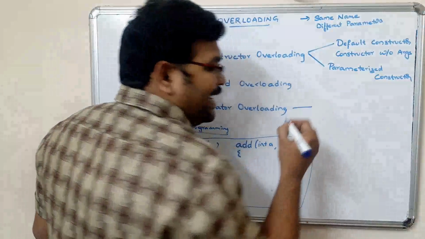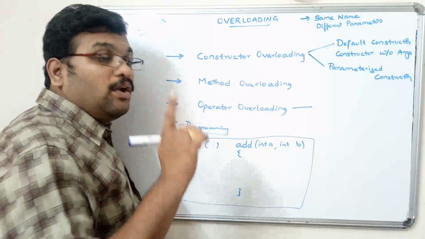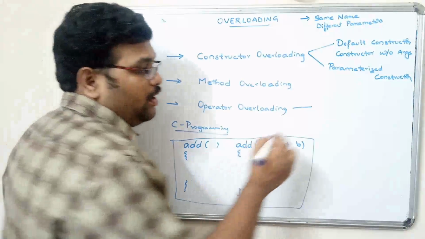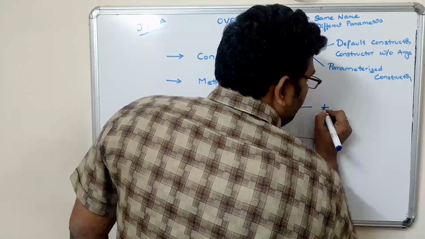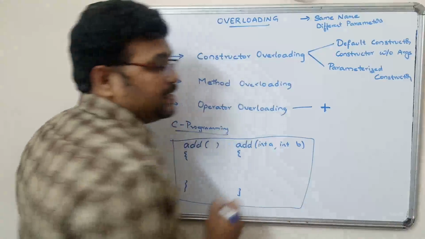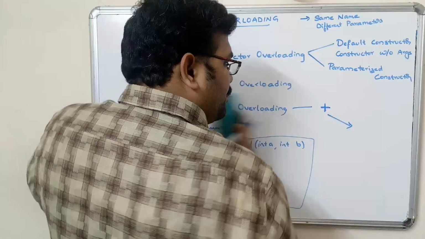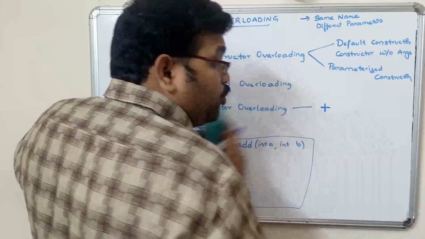Operator overloading in Java: we have one operator as an example of operator overloading, that is the plus symbol. This can be implemented in two ways.